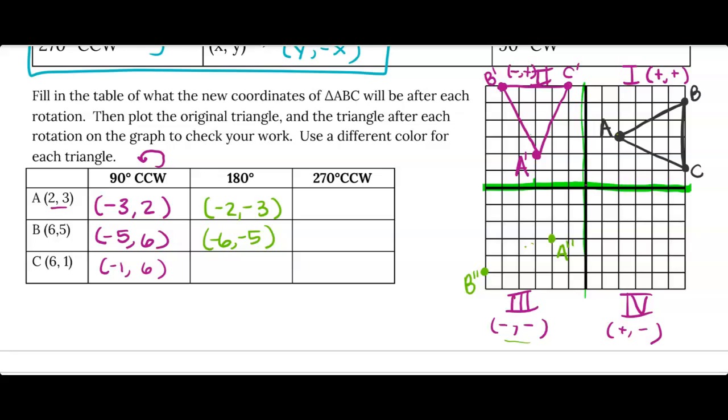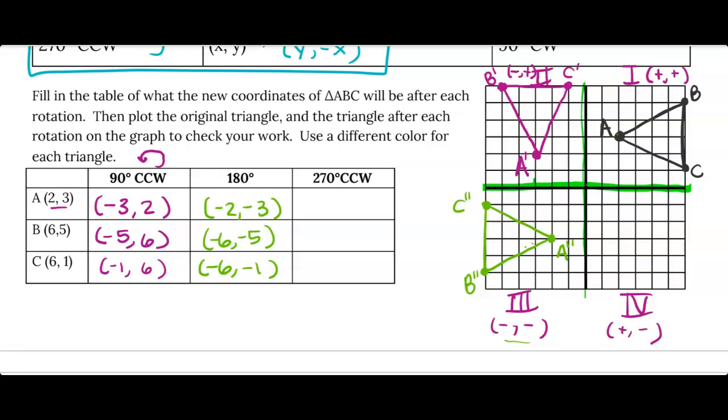And then C was at 6, 1. So now it's going to be at negative 6, negative 1. And then we connect to see our triangle. The orientation of your triangle switches for each rotation.